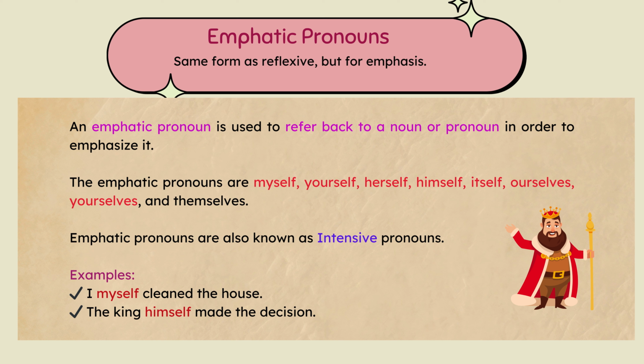This means I and no one else cleaned it. The king himself made the decision. That means the king didn't ask others. He made the decision personally. They're also called intensive pronouns because they intensify the meaning of the sentence. But remember, if the pronoun is there just to add emphasis, not to reflect the subject back, then it's emphatic, not reflexive.